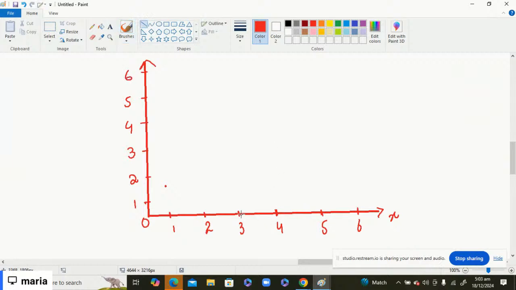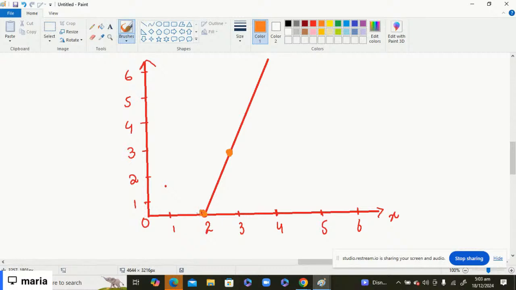If for example here is the line, and then they are saying that there are 2 points on it. One point is here and one point lies here. These are the 2 points.